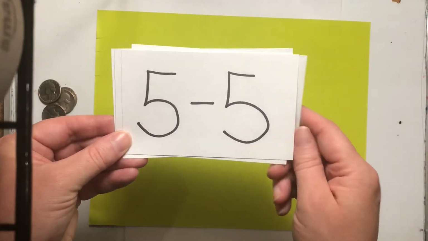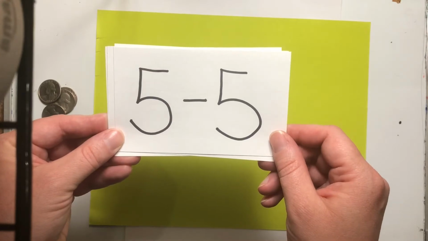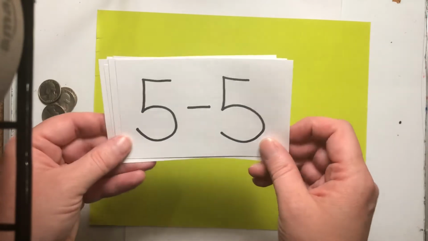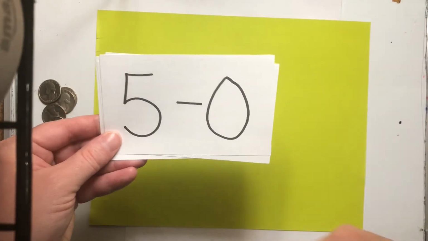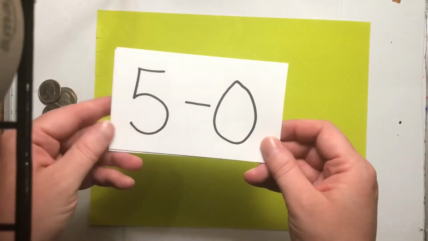And the last one we have, 5 minus 5 equals 0. Good. So our goal is to get quicker and quicker at those, so when we see them, we just automatically know the answer.